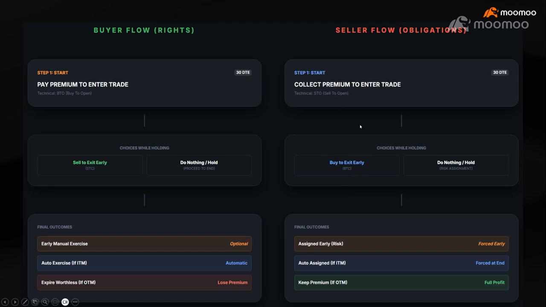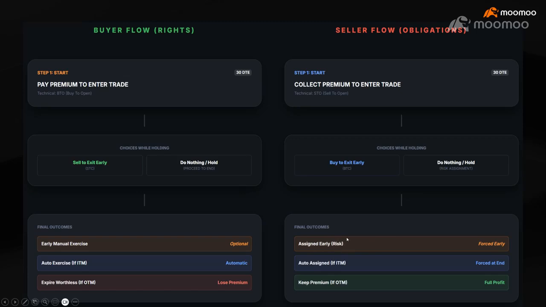But from the seller's obligation standpoint, it's different from the buyer. Assume the buyer exercises the option early, before the expiration. The seller, even though the option still has some time left, is forced to fulfill the obligation.